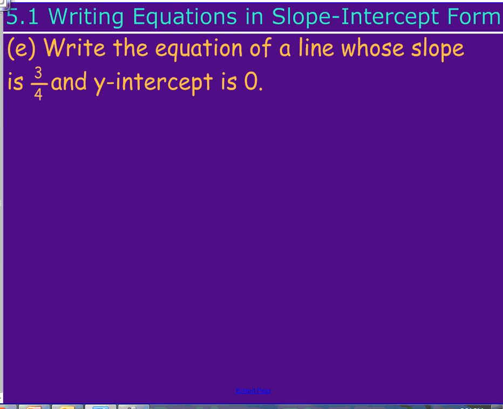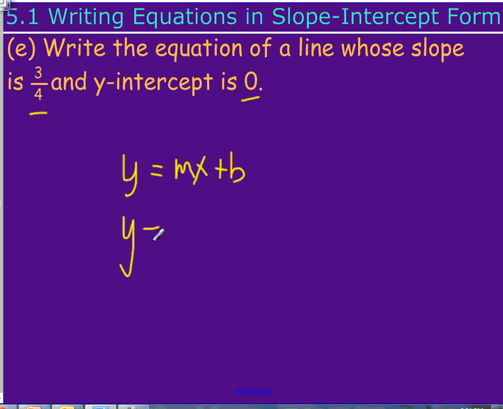All right. So next example, we have write the equation of a line whose slope is 3/4 and the y-intercept is 0. All right, so we have our y equals mx plus b. And I'm going to plug my information in here.